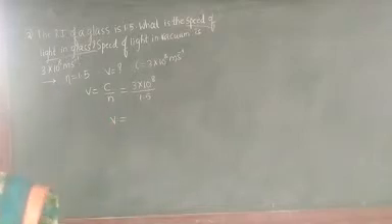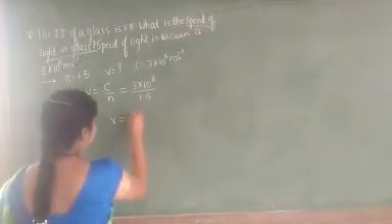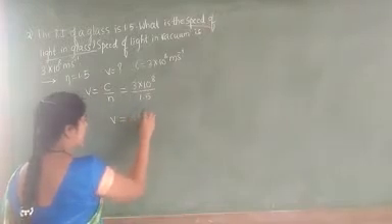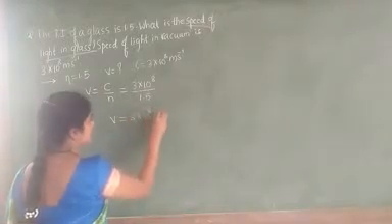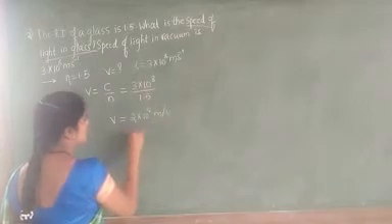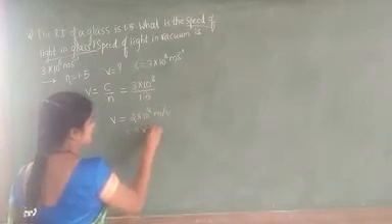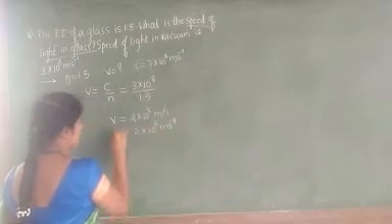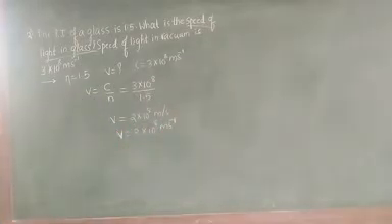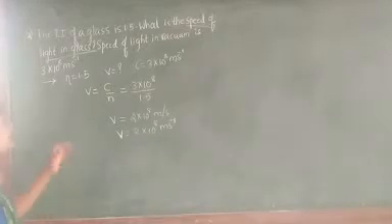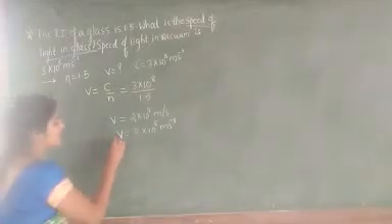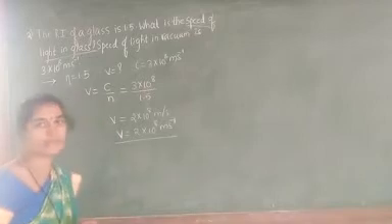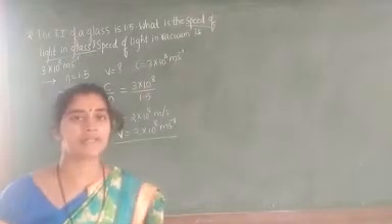The calculation gives v is equal to 2 into 10 raised to 8 meter per second. From the question we have to find the speed of the light in a glass. Therefore, the speed of the light in a glass v is equal to 2 into 10 raised to 8 meter per second.